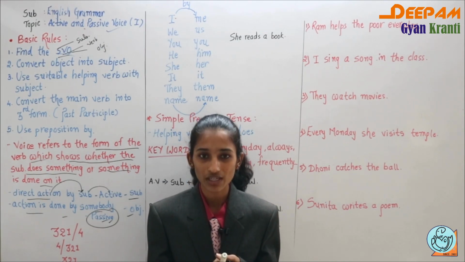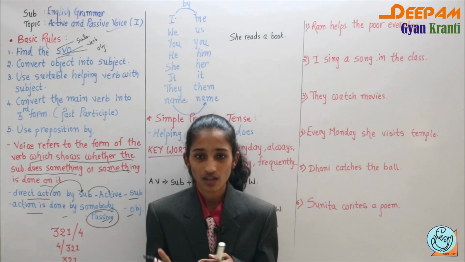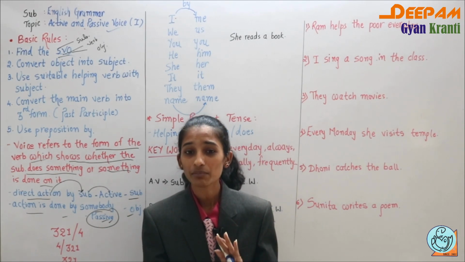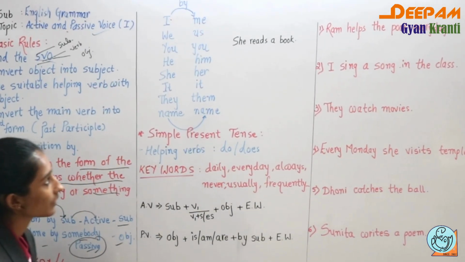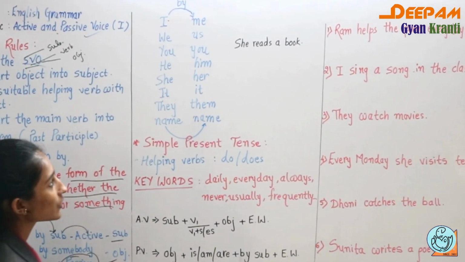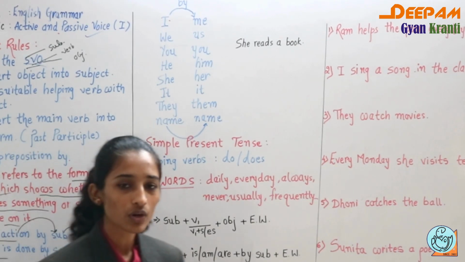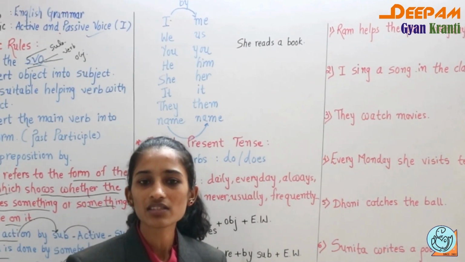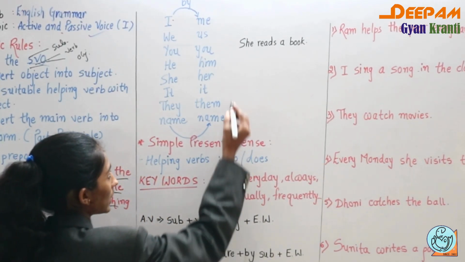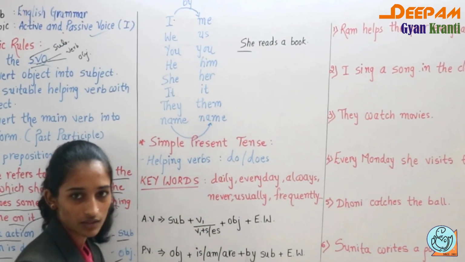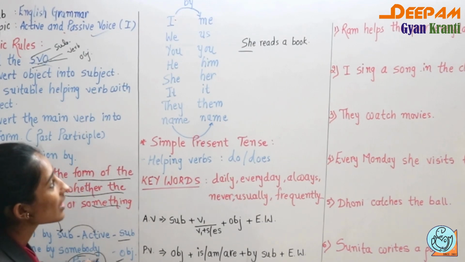So what is a subject, what is a verb, and what is an object? I have one example for you here: she reads a book. The subject is the person who does the action, so here she is the subject, because she does some work.